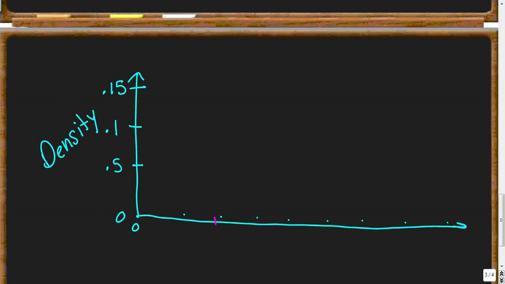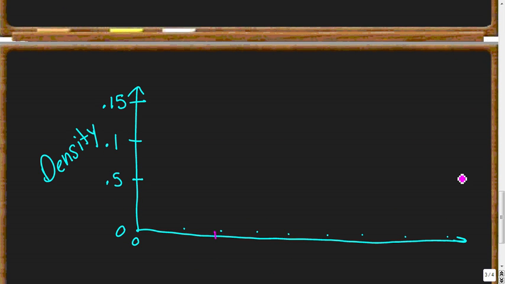So a 0.0011. Oh, and this should be 0.1 and 0.05. So a 0.0011 is going to be very, very tiny. Actually, it's probably smaller than that.